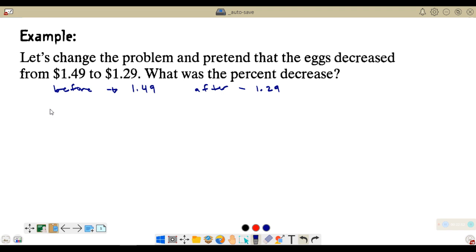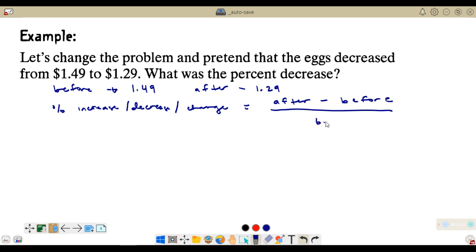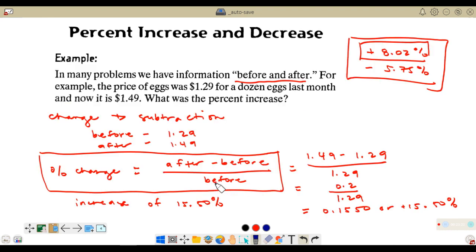So, same formula: the percent of increase or decrease, or simply the percent change, is equal to after minus before over before. We have the same formula as before. After minus before over before.